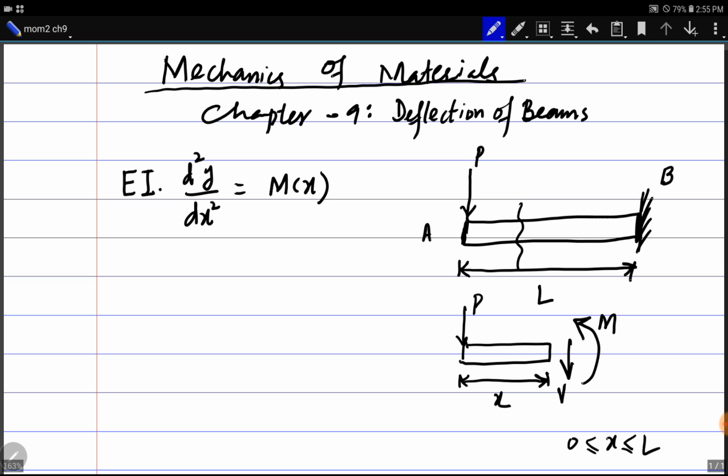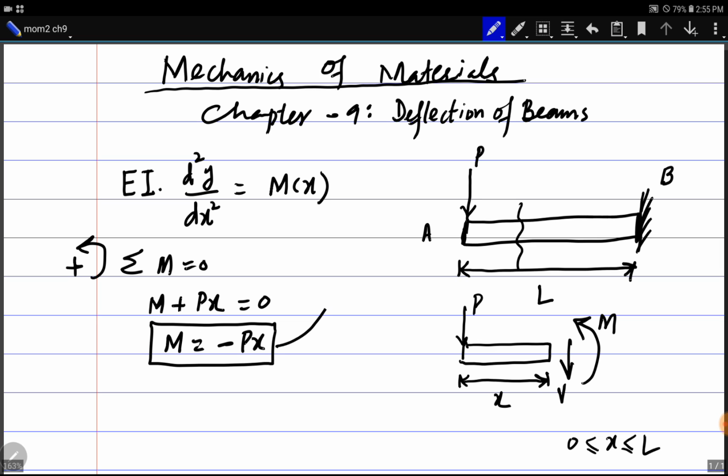Moment from this diagram we can calculate it using equation of equilibrium, summation of moments. Let us consider counterclockwise moments as positive, summation of moments equal to 0. So we can see that M plus Px both are counterclockwise, their sum is 0. So M is equal to minus Px.